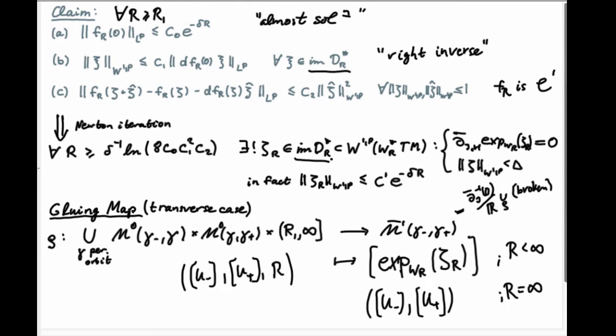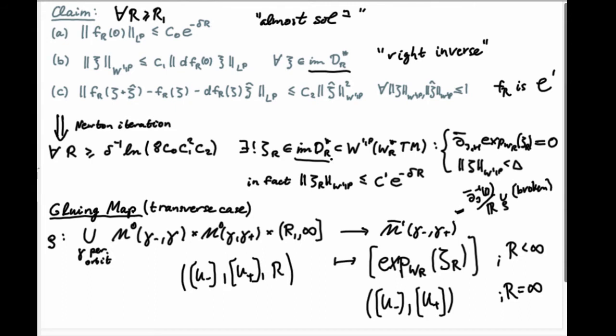Isn't the thing you're doing giving it a smooth structure, and you can get the topology just from Gromov compactness? No, we got the topology from the pre-gluing map. Well, there's a Gromov topology, right, which uses the pre-gluing map, or some other notion of shifting things apart and converging.